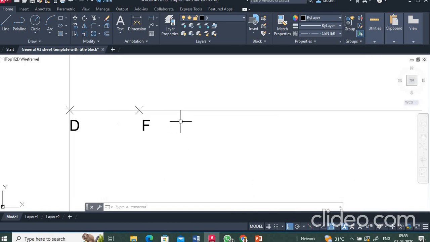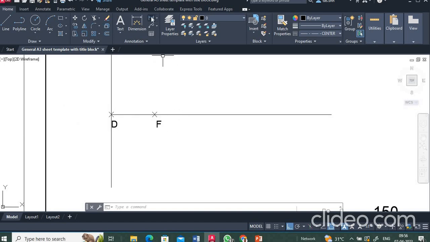Okay, I got DF. After this, what do I have to do? The length of this one is 40 mm.